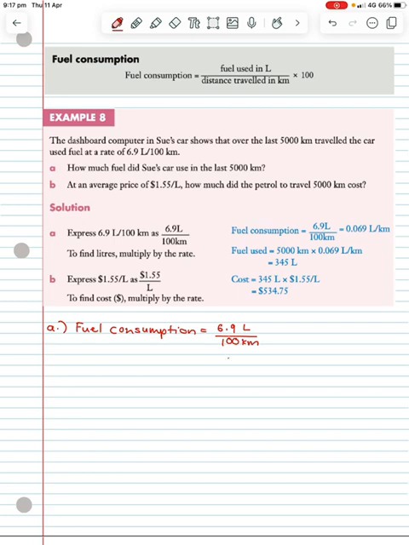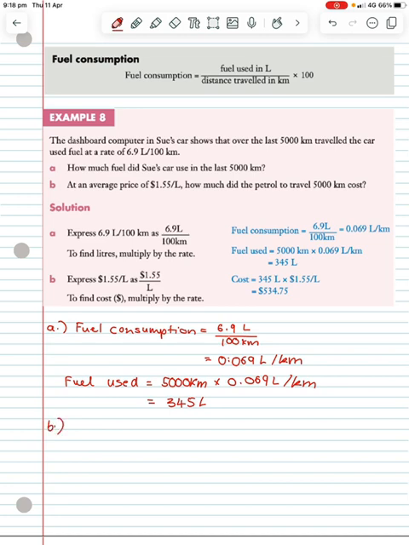So if I do 6.9 divided by 100, I'm going to get 0.069, and that is litres per kilometre. So now we know how many litres of fuel are used per kilometre. So fuel used is going to be that 5,000 kilometres she's travelled, multiplied by how many litres of fuel she uses per kilometre, and that's going to give us 345 litres.